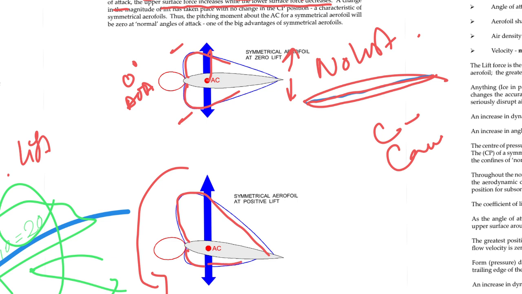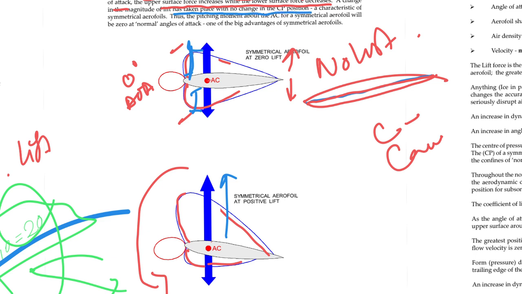So there will be an upward force. Now this blue line is bigger. You see this blue line is bigger. Earlier, this blue line was the same length. Now it has become bigger. A change in magnitude has taken place with no change in the CP position.